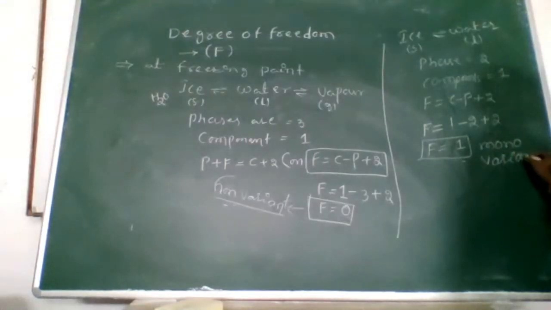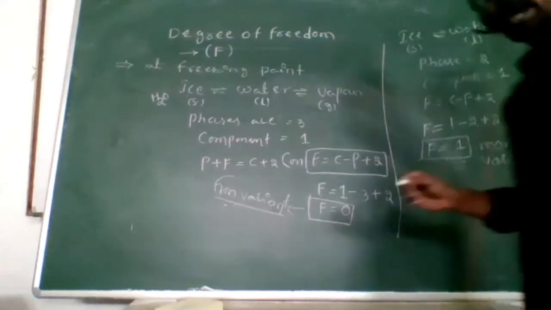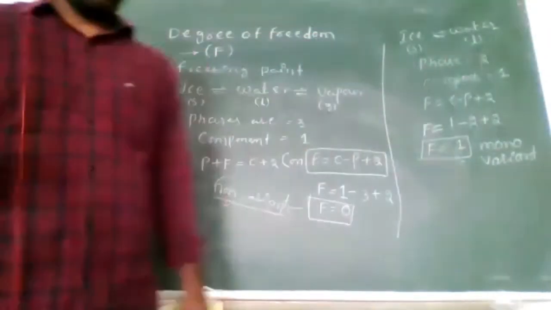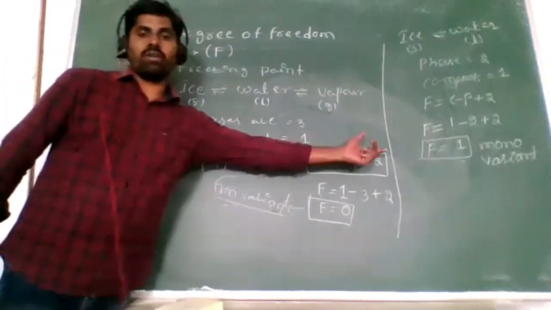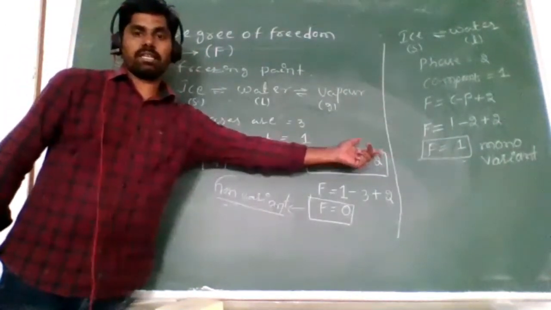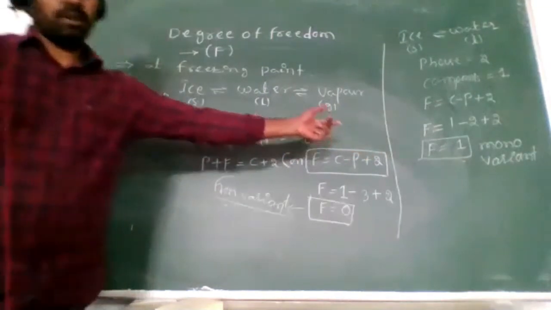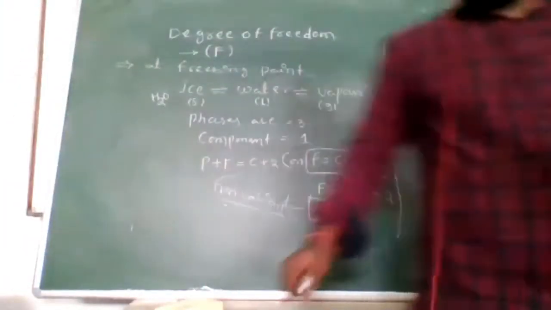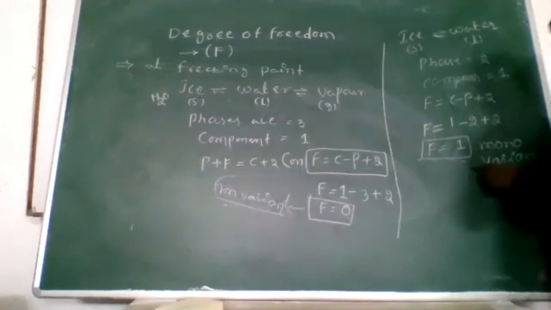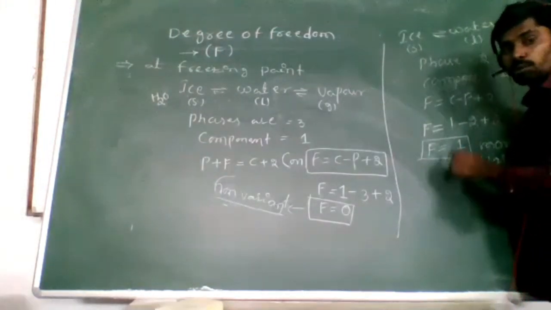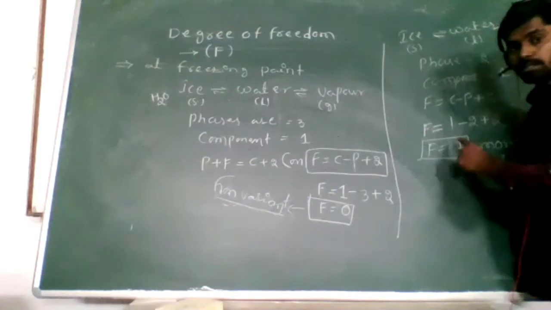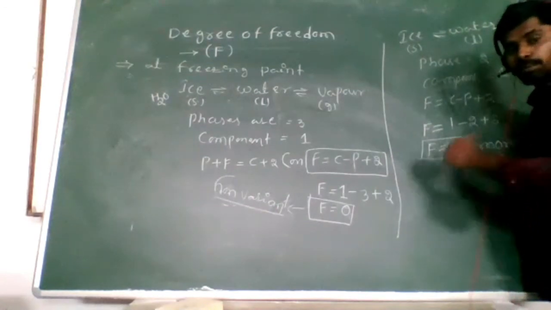What is that? Monovariant. Monovariant means here only one variable factor, one variable condition, has to be specified in order to define the system completely.